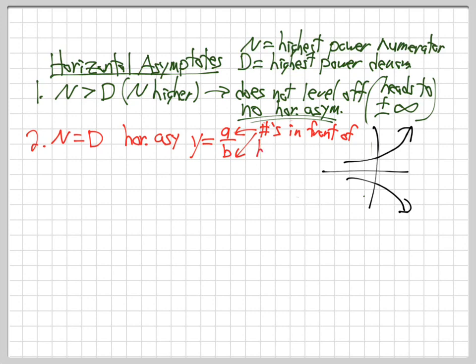Numbers in front, called the coefficients. Coefficients, numbers in front of highest power terms.